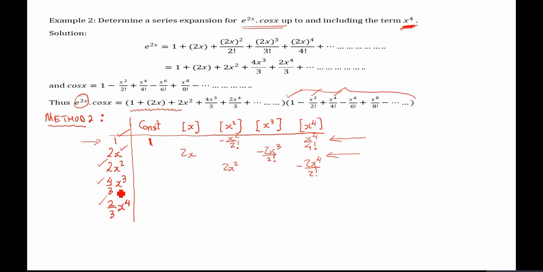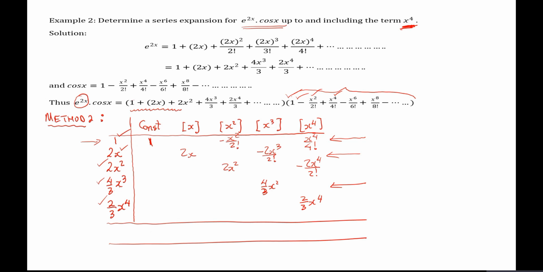Then go to x cubed. 4 over 3x cubed times the 1 will give me 4 over 3x cubed, and that will go in that row. Then 4 over 3 times x squared is x to the power 5. I don't need to do it. My highest power is x to the 4. Then go to 2/3 x to the 4th. 2/3 x to the 4th is 2/3 x to the power 4, and I will stop there.